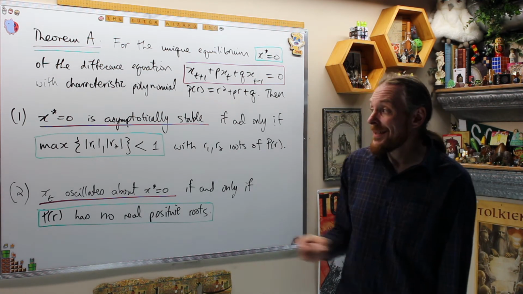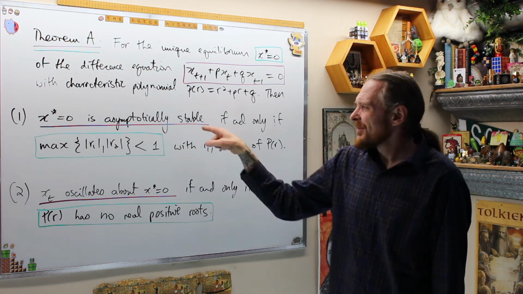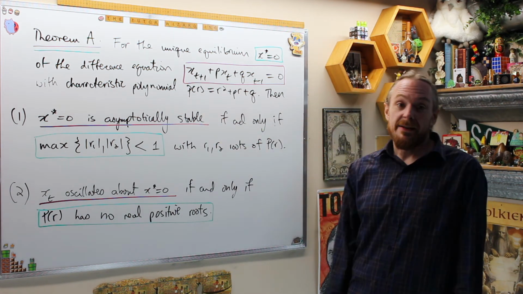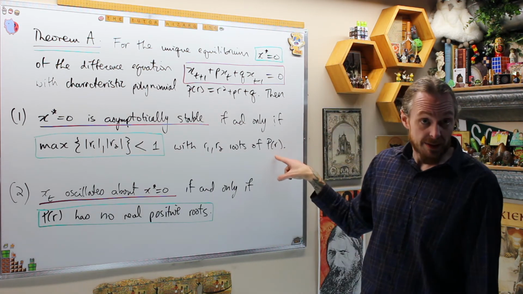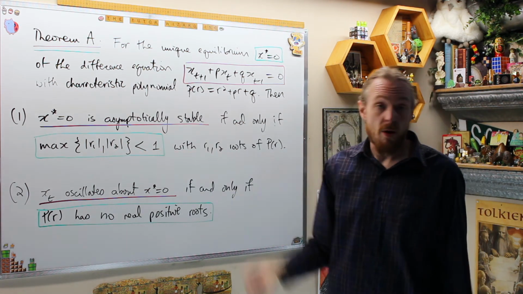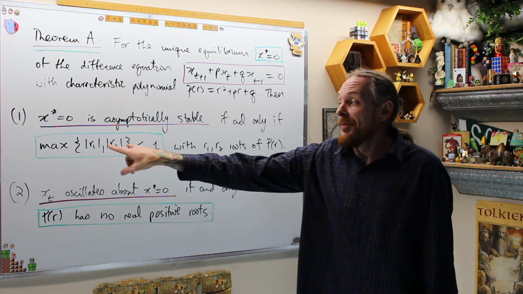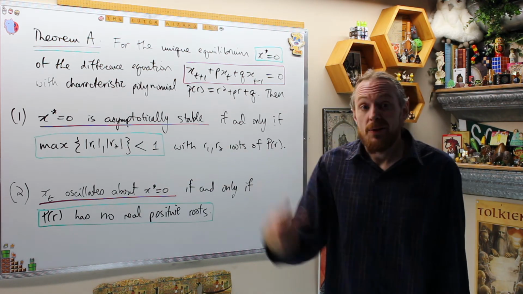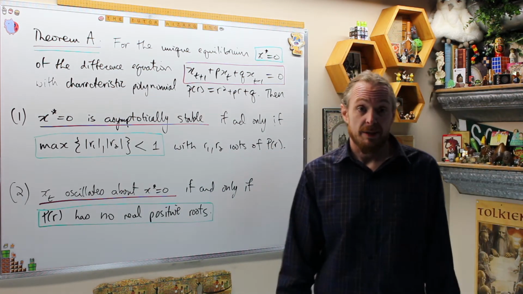Condition 1 says that the unique equilibrium 0 in this case is asymptotically stable if and only if the maximum modulus of the two roots of the characteristic polynomial is less than 1. So if you get 1/2 and -1/3 as your roots, the absolute values are 1/2 and 1/3, and they're both less than 1, and therefore it's automatically asymptotically stable. I don't have to do anything else.